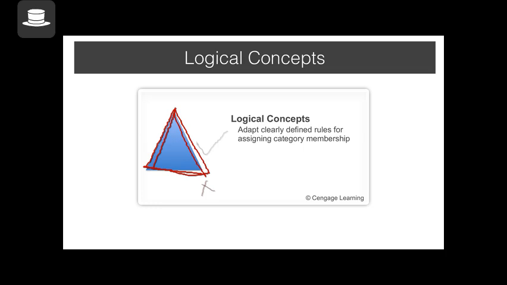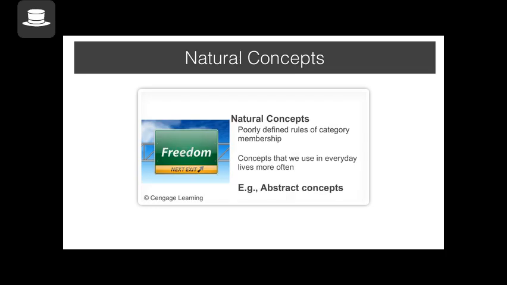Right? So logical concepts have very clear rules of membership. The natural concepts, on the other hand, are poorly defined. Mostly, the concepts we use in everyday life are more likely to be natural concepts.